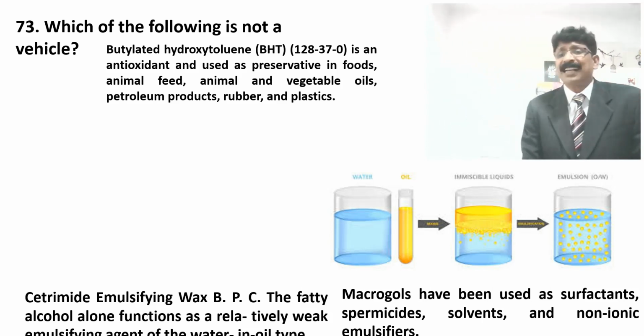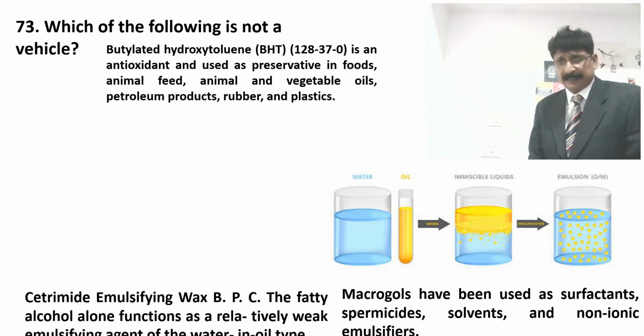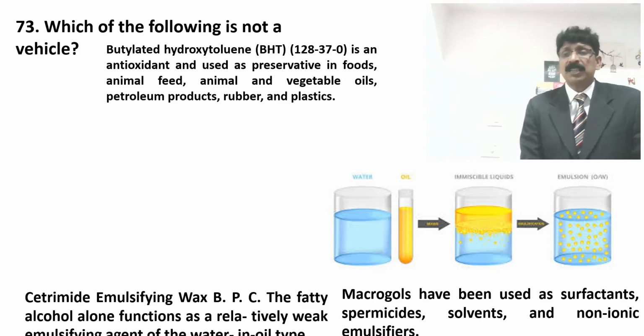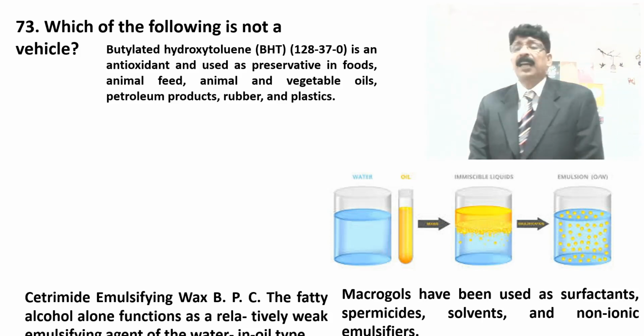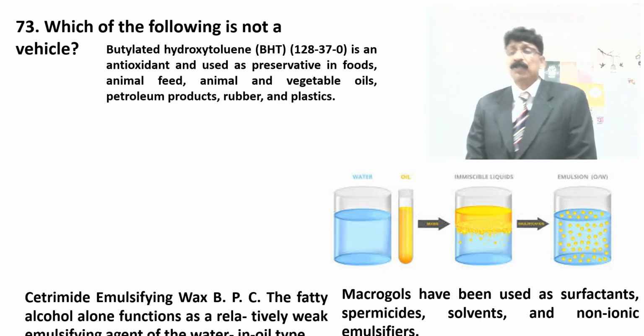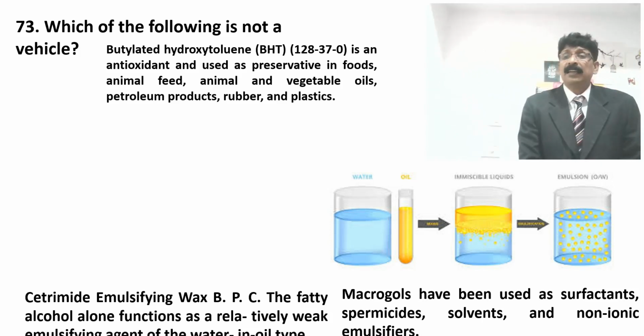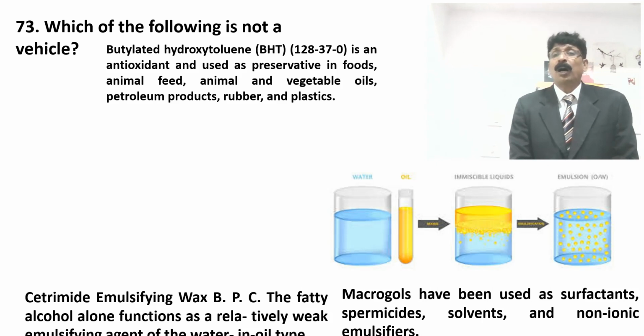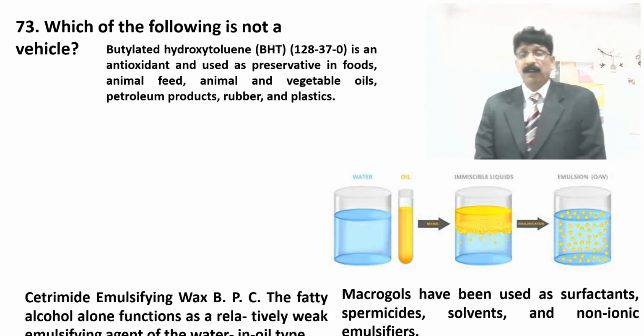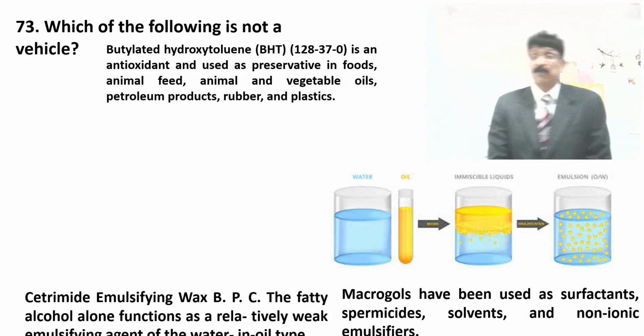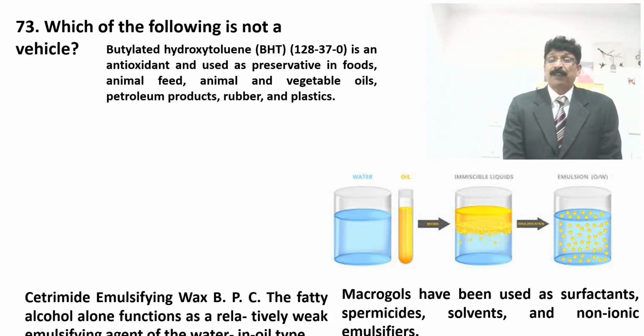Macrogol is used as a surfactant. It reduces the surface tension between immiscible liquids, but it can also be used as a spermicide. It stops the sperms from moving by means of its surfactant action.